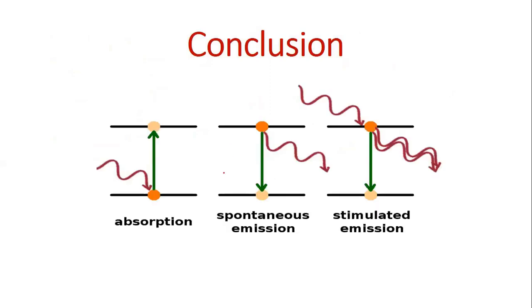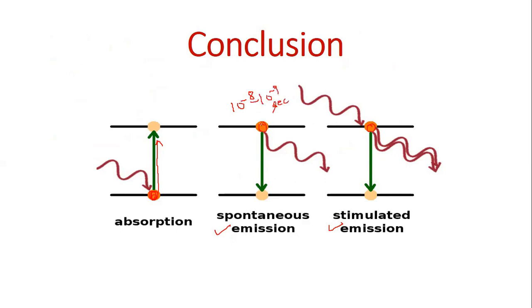Now, in conclusion, what we have is this. So first we have atom in the ground state. You supply some energy. Okay, it goes to the excited state. Once it is in the excited state, there are 2 processes. One is known as spontaneous emission, another one is known as stimulated emission. What is the condition for spontaneous emission? 10 raised to the power minus 8 to 10 raised to the power minus 9 seconds.